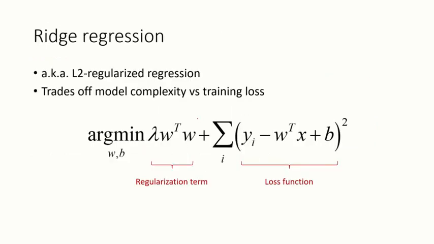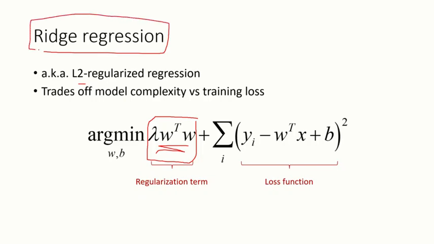And if you use not the L1 norm but the L2 norm, so this is the L2 norm, it's not called lasso, it's called ridge regression, but the same idea. Just use L2 regularized regression.